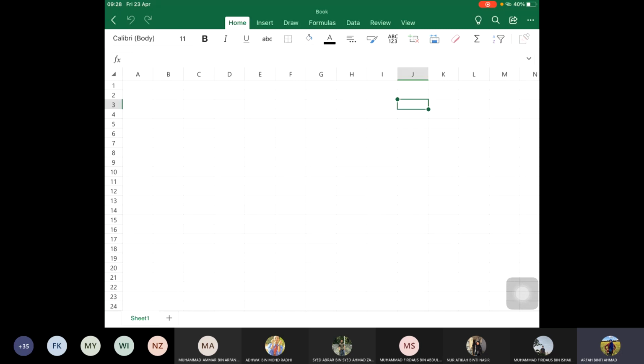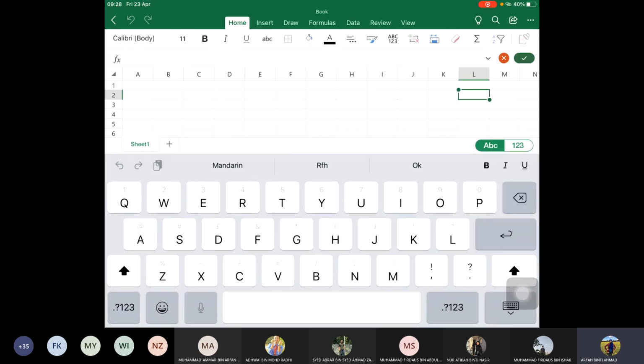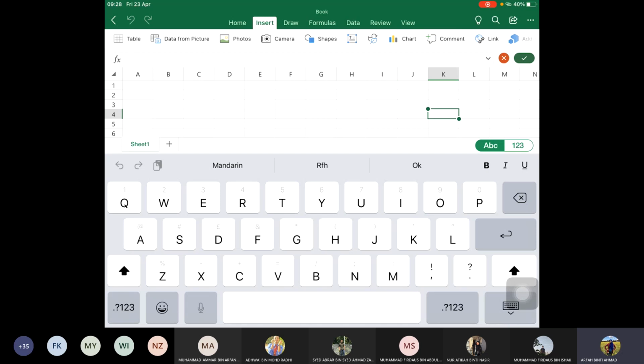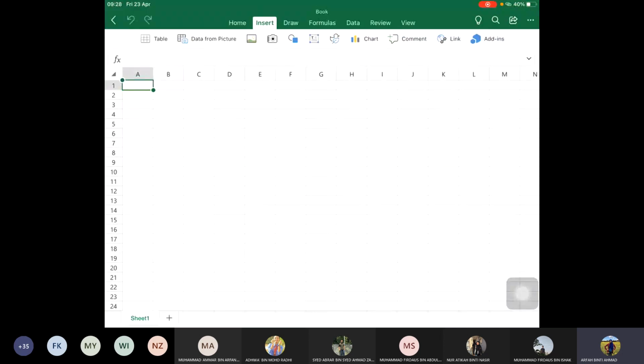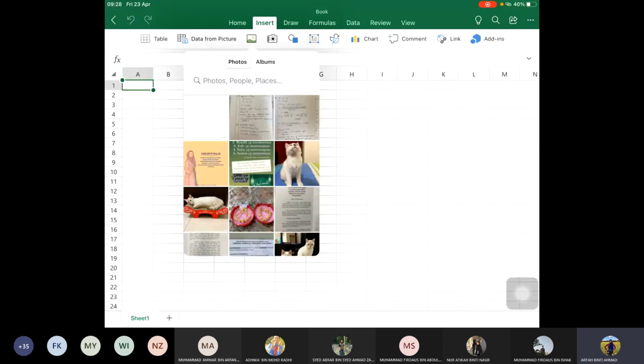Can I do the pasting in here? Insert. Blank workbook. Okay. Paste as picture.